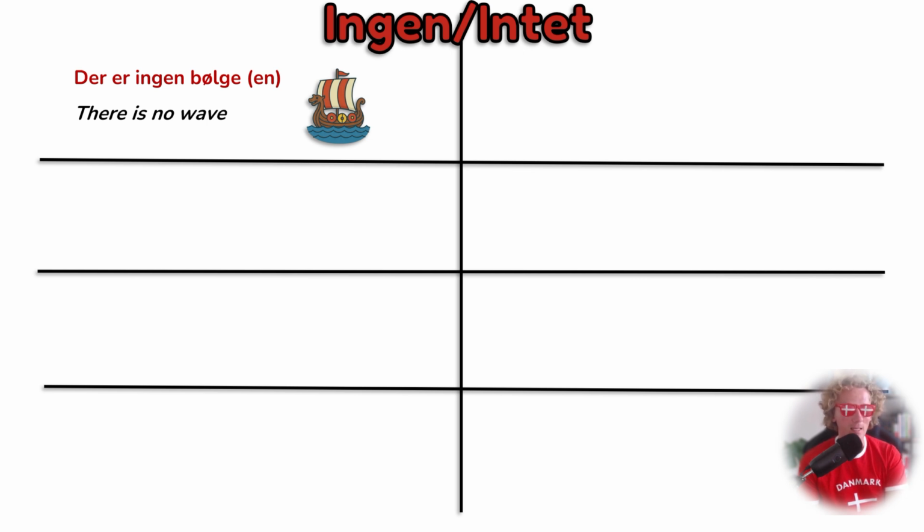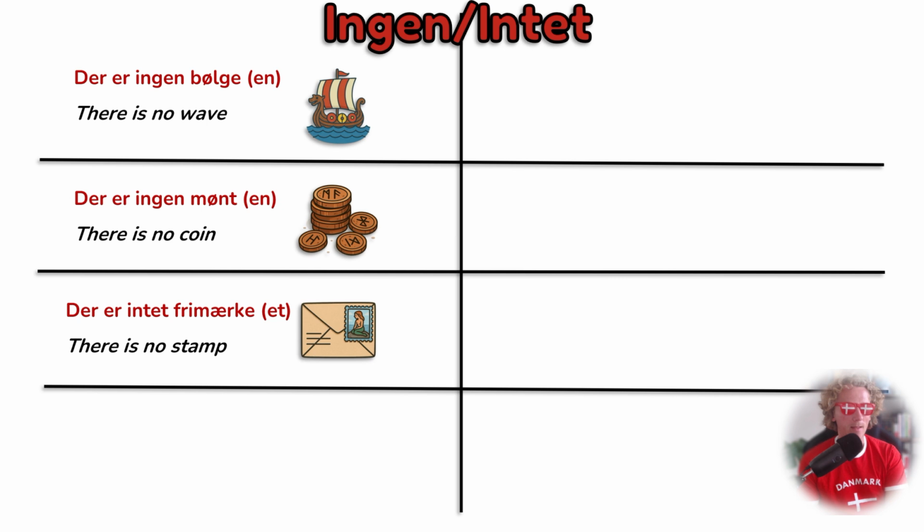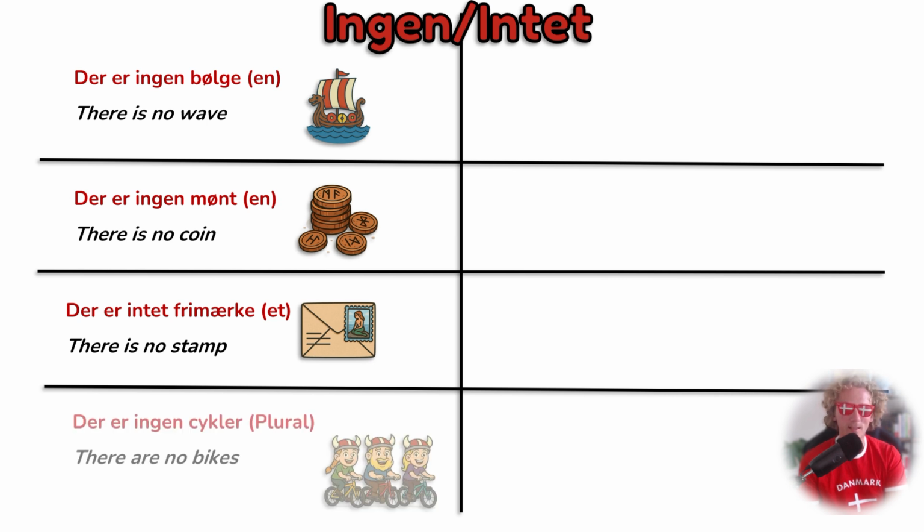So it's ingen for en words and intet for et words, as we're going to see in just a moment. Der er ingen mønt. There is no coin. En mønt is a coin. It's an en word. Der er intet frimærke. There is no stamp. We see here we use intet instead of ingen because it's an et word. Very simple. A rule to follow. Isn't it lovely? Even in Danish we have that.